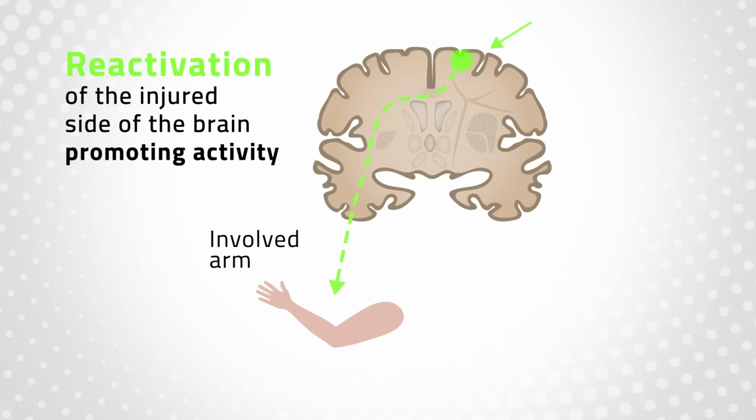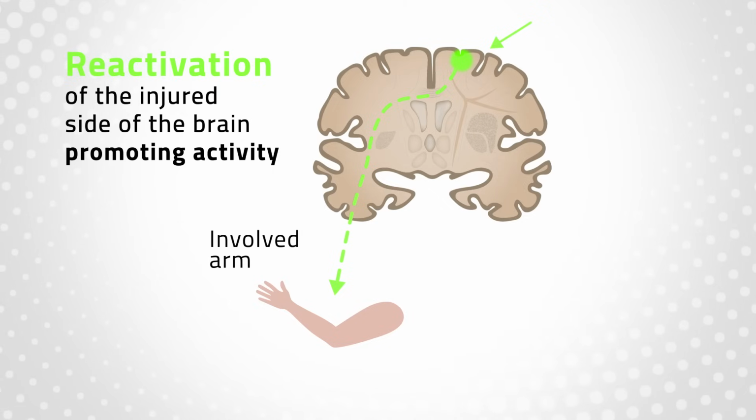Now, there's a huge downside to this, and that is that in order to do that, someone has to have some sort of movement in the involved arm, which immediately excludes a ton of people. So reactivation is helpful, but many of the techniques or interventions are not possible either in the early stages of arm rehabilitation or for those of you that have a lot of tone or spasticity and don't have any functional movement in that arm.